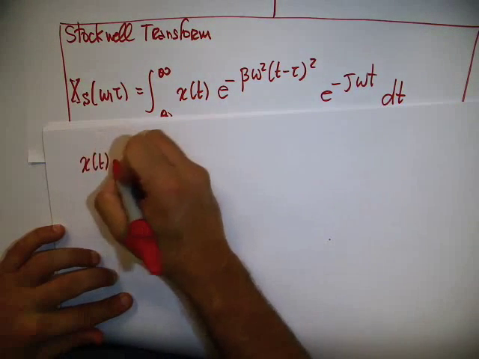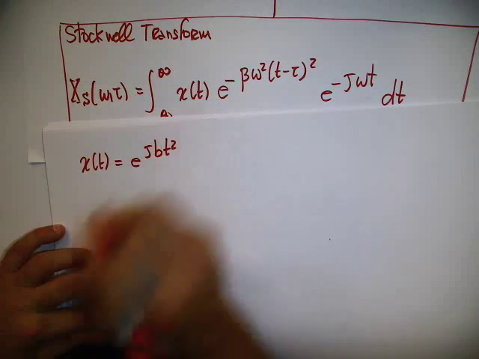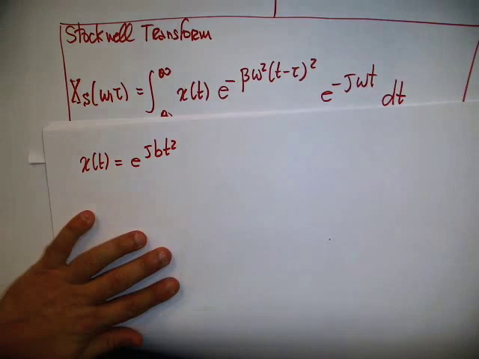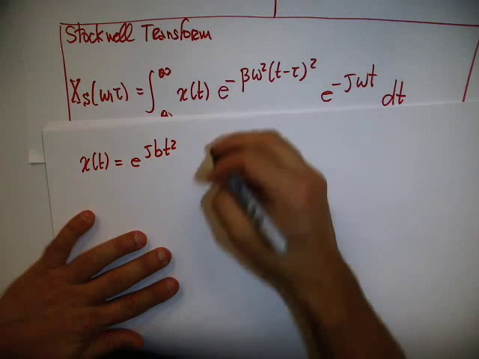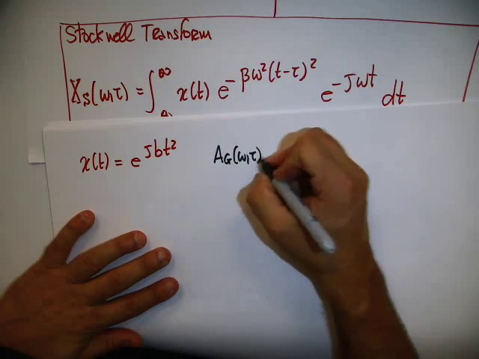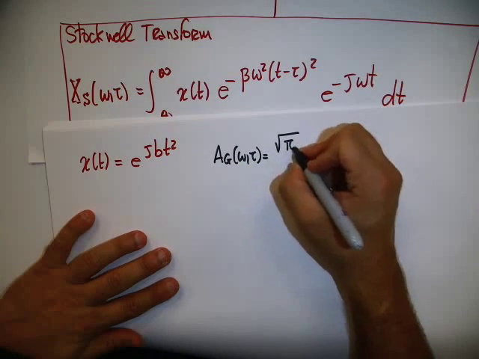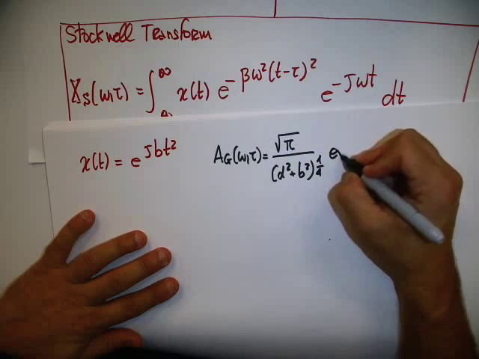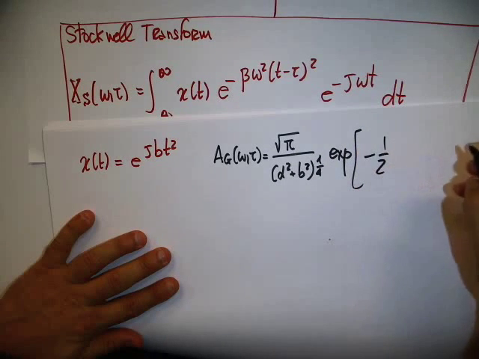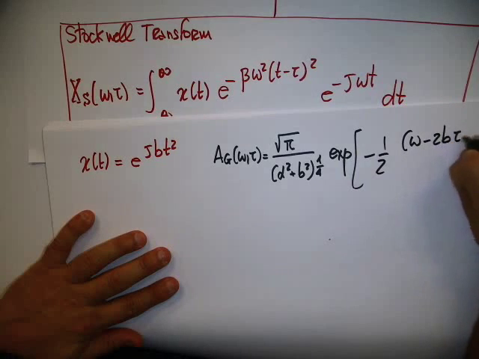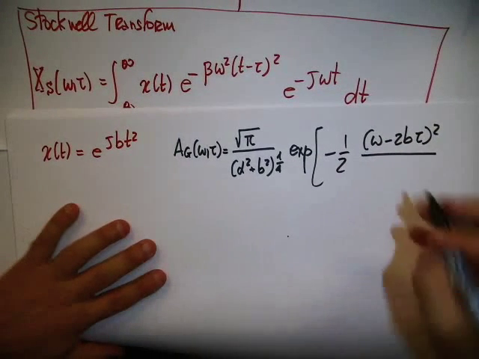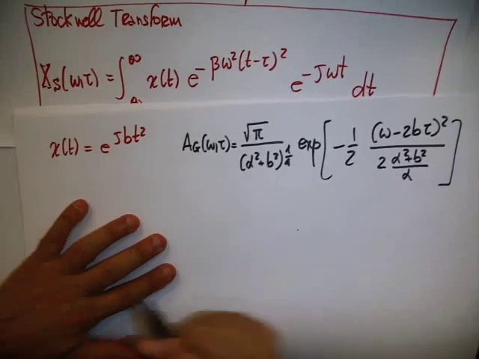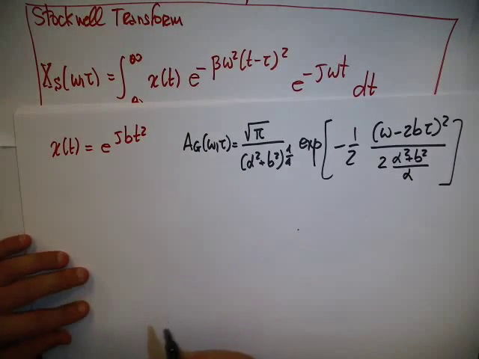So if we had a signal x of t equal e to the j b t square, we saw that the amplitude of the Gabor transform was square root of pi divided by alpha square plus b square, to the power of a quarter, exponential of minus 1/2, omega minus 2 beta tau squared divided by 2, alpha square plus b square divided by alpha. That was the amplitude of the Gabor transform, okay?